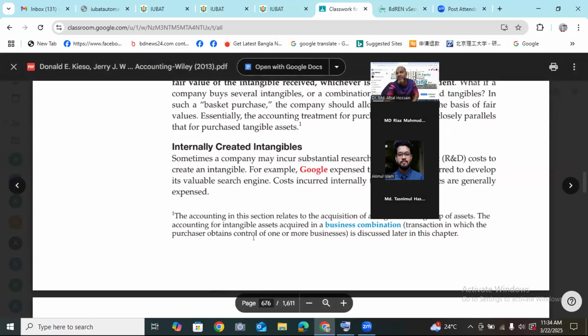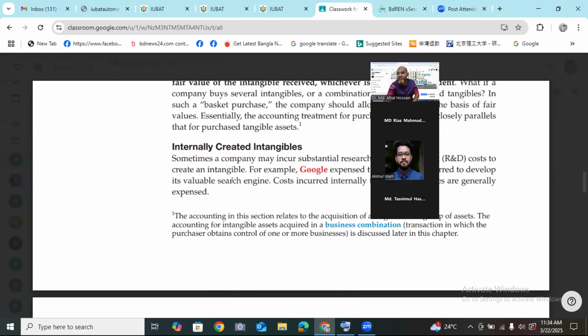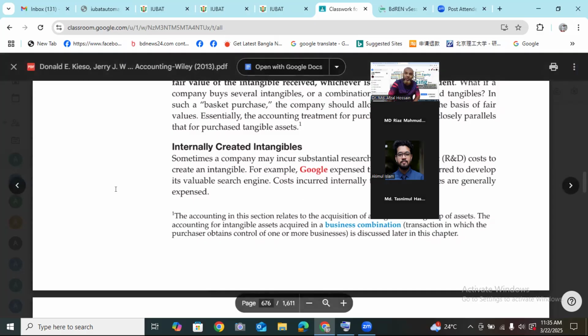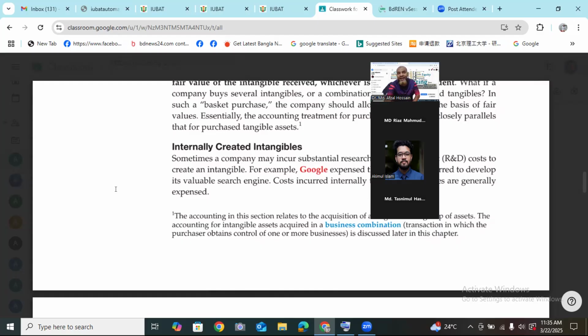So they expense research and development cost for the search engine. You all know about this very common thing. Cost incurred internally to create intangibles are generally expensed. So it is already expensed.